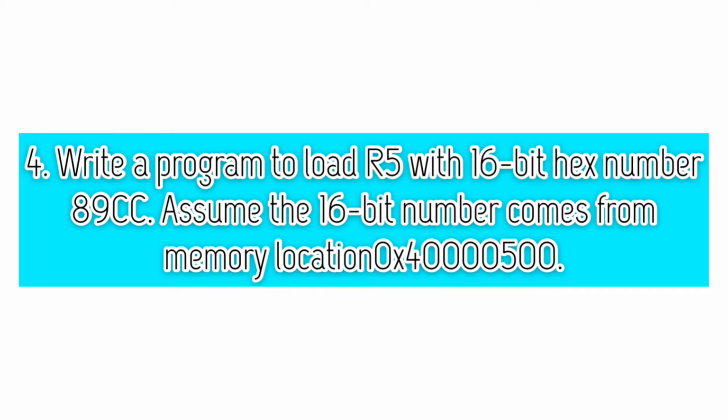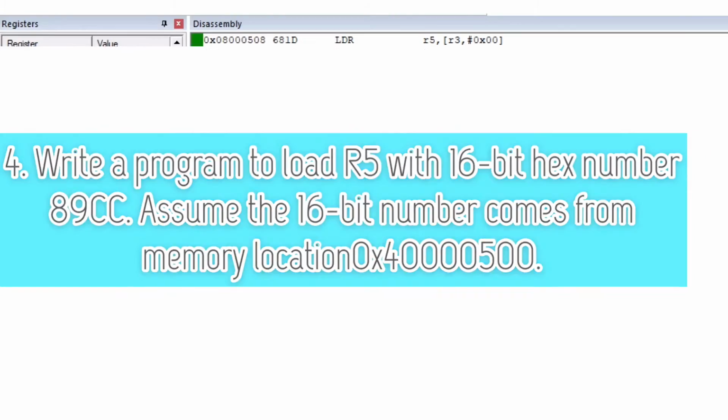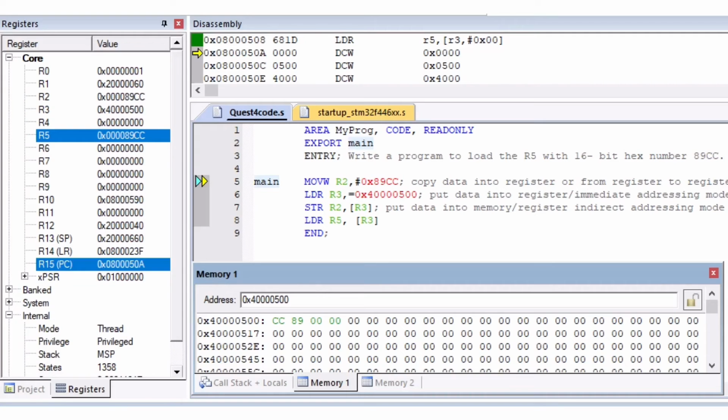For the next question, the 16-bit hex number 89CC needs to be loaded in the register R5, where the 16-bit number comes from the specified memory location. First, the MOVW instruction is used to move the 16-bit data into any register, where I use R2, while the specified memory location is loaded into R3 using the LDR instruction.